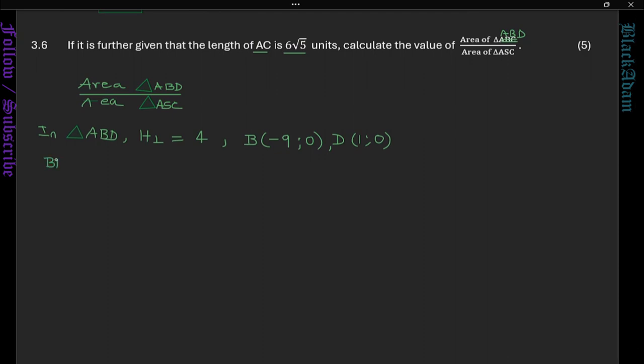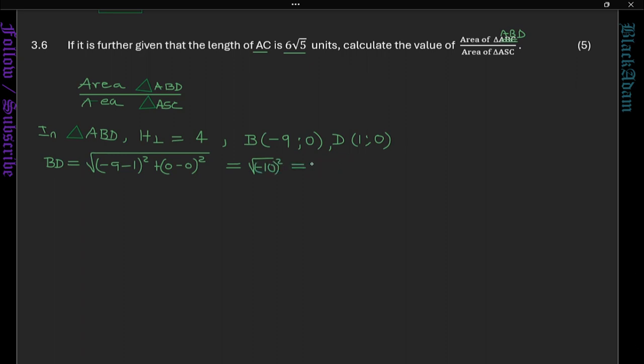Now coming to BD. BD is going to be the root of negative 9 minus 1 squared plus 0 minus 0 squared. That means that we have the root of 100. Negative 10 squared gives us 100.